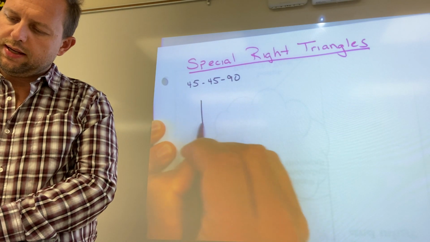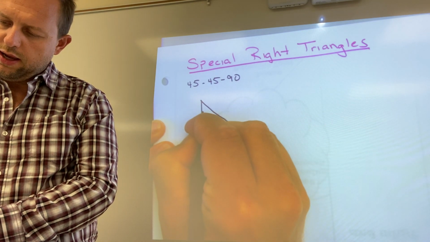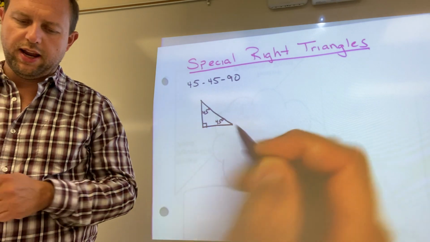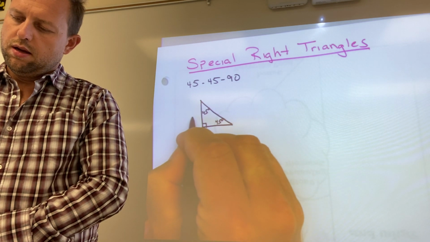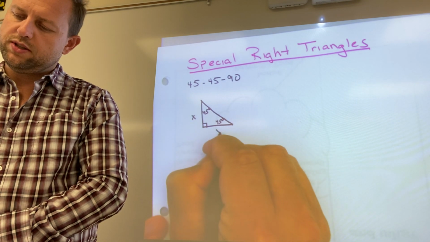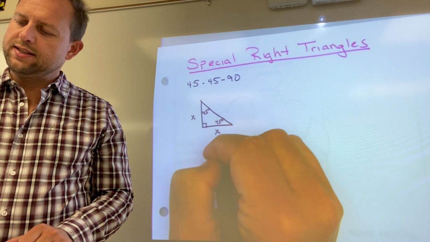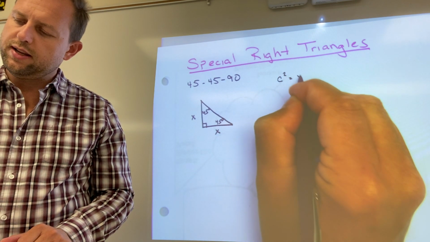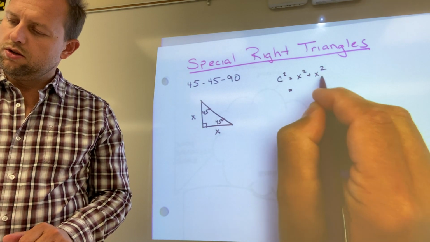If we look at a 45, 45, 90 triangle, angles of 45, 45, and a right angle, we'll recall that this has the same lengths on both sides. They become identical. And if we have x and x, our value for the hypotenuse, c squared, is x squared plus x squared. That is 2x squared.